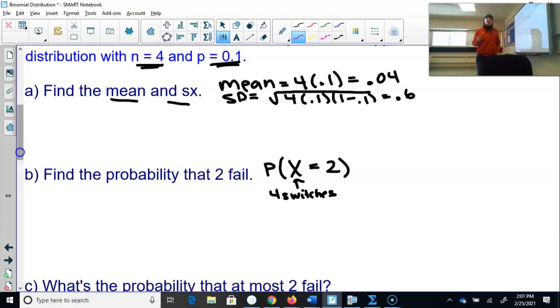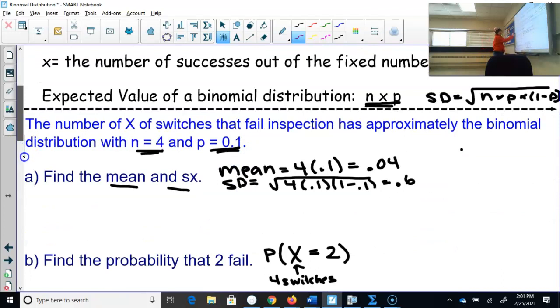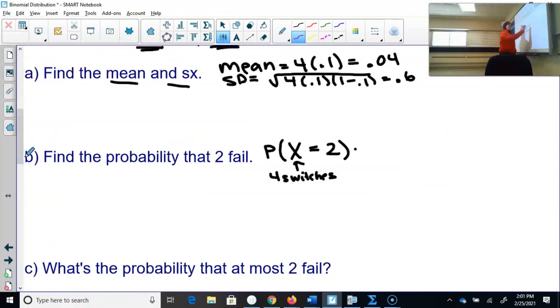Okay, now what I want to do is go up and say, okay, I know that I have an X is equal to something. In my calculator, I am going to use what's called a Binompdf. Again, in my calculator, I'm going to do a Binompdf.